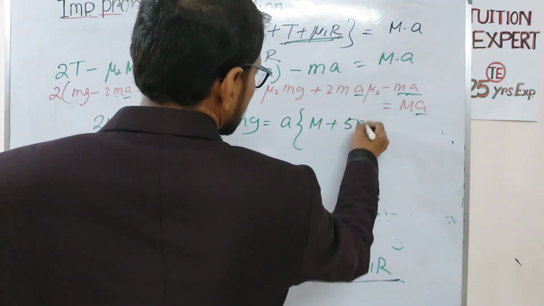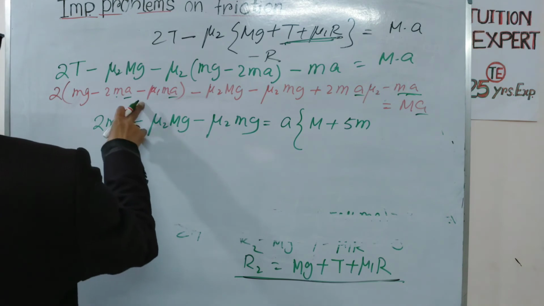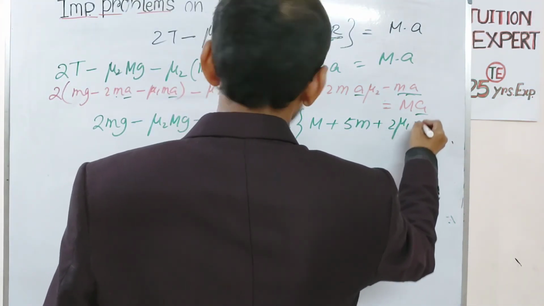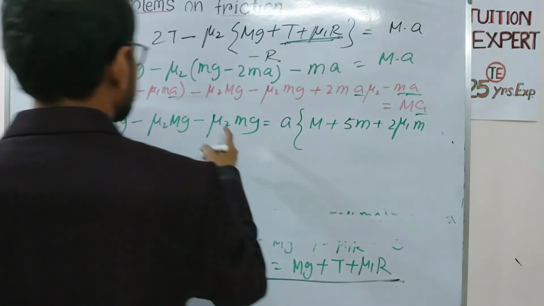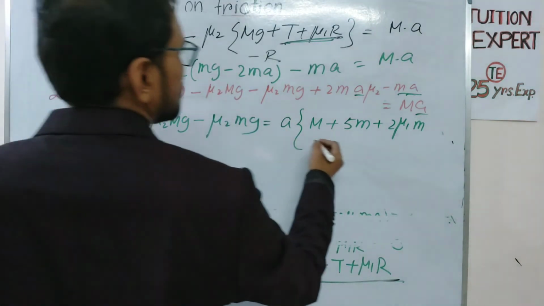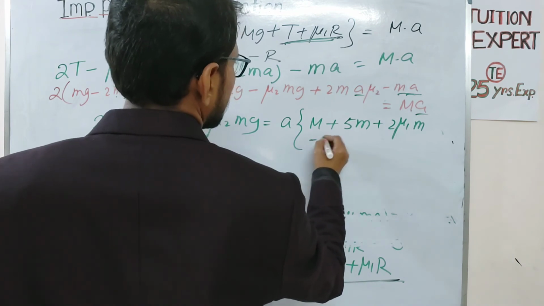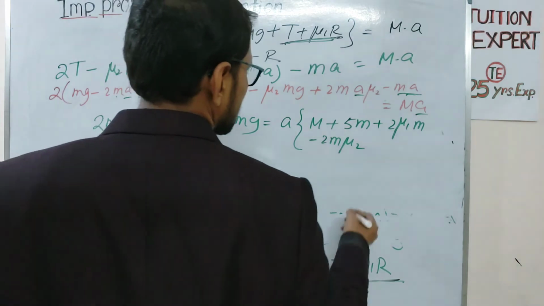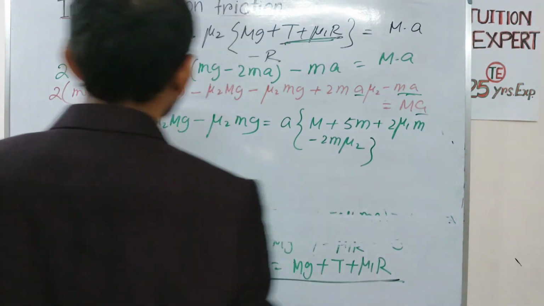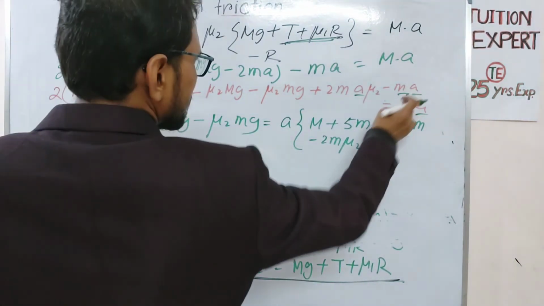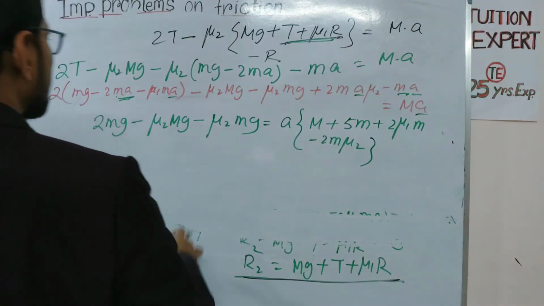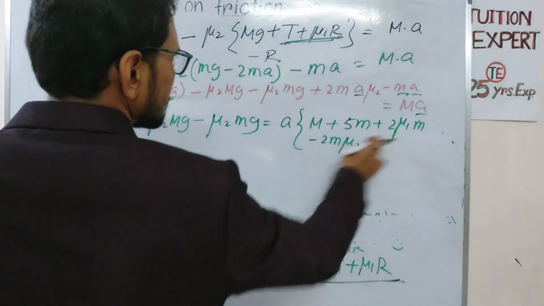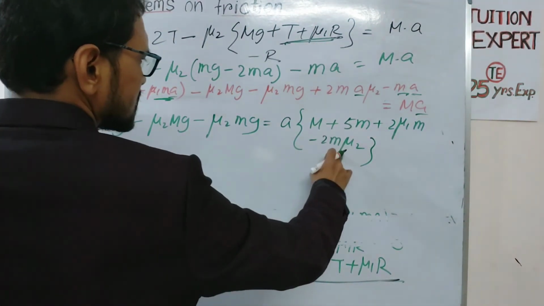So 5 into small m, and here 2 mu1 ma, and minus 2 m mu2 terms will be present. So minus 4ma minus ma minus 5ma.